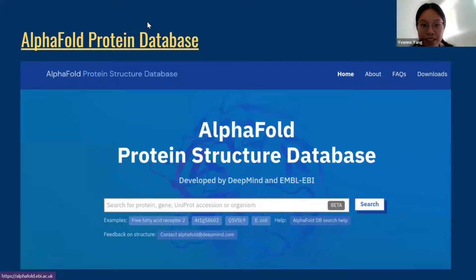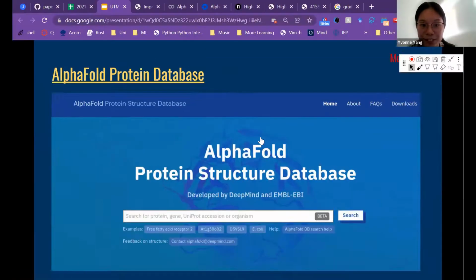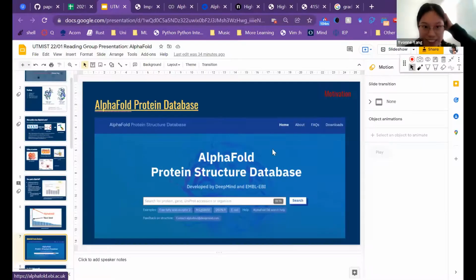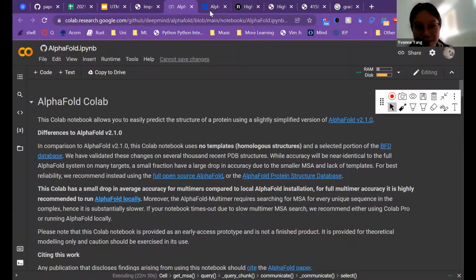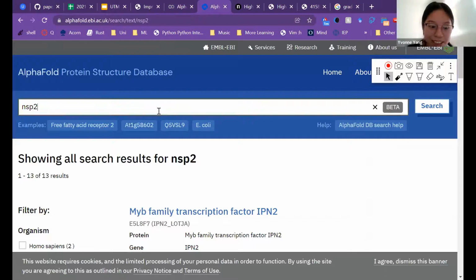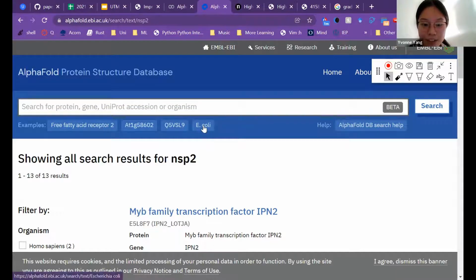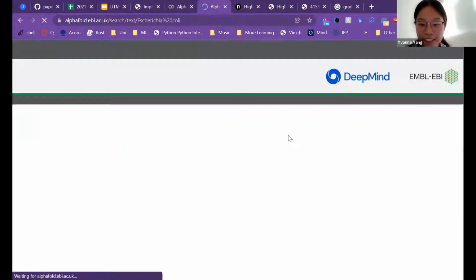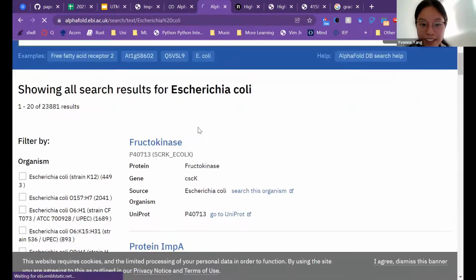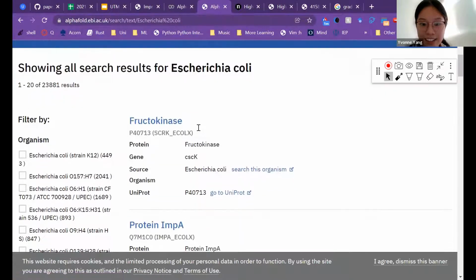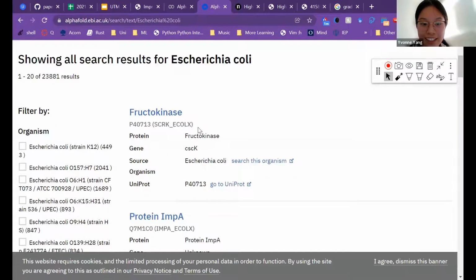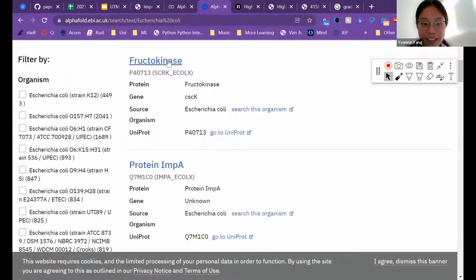So this is their database, and I think it'll be a very fun exercise for us to go in it and, I don't know, type your favorite protein in the chat, and then we will see what it looks like. For now, while I'm waiting for the chat, I'll click a random thing. E. coli. Cryptokinase.